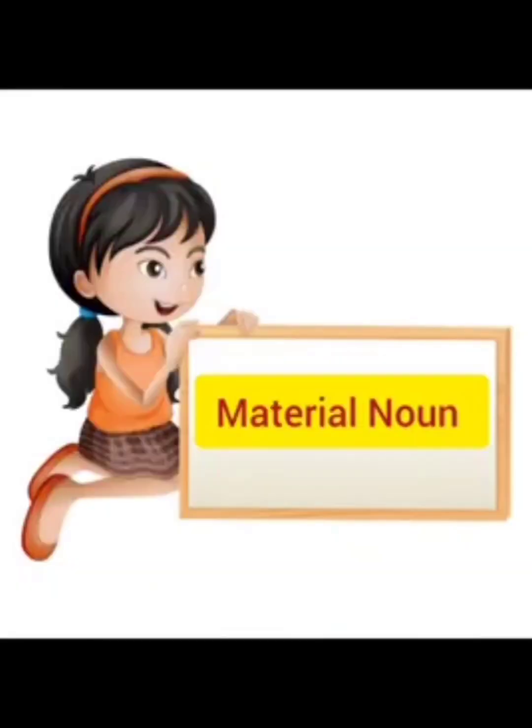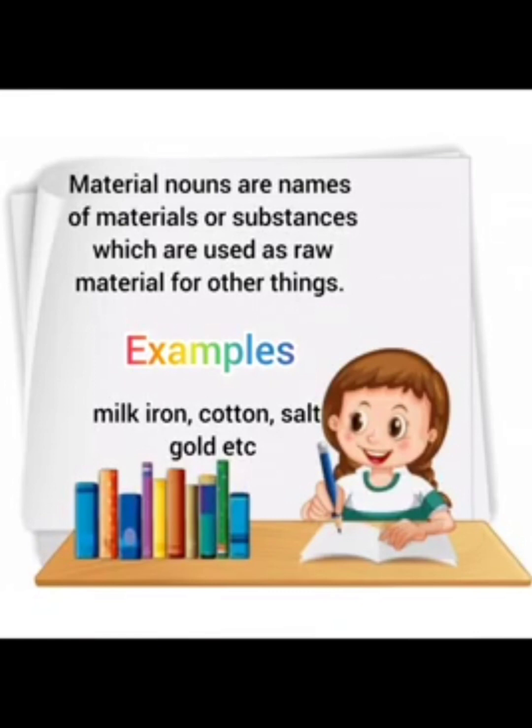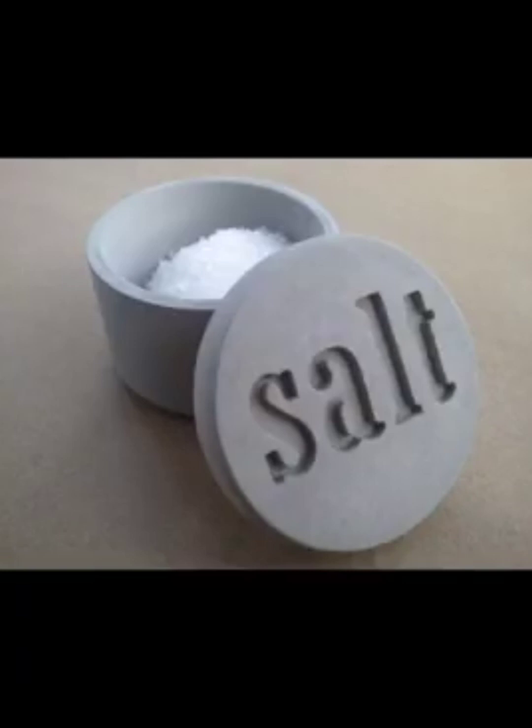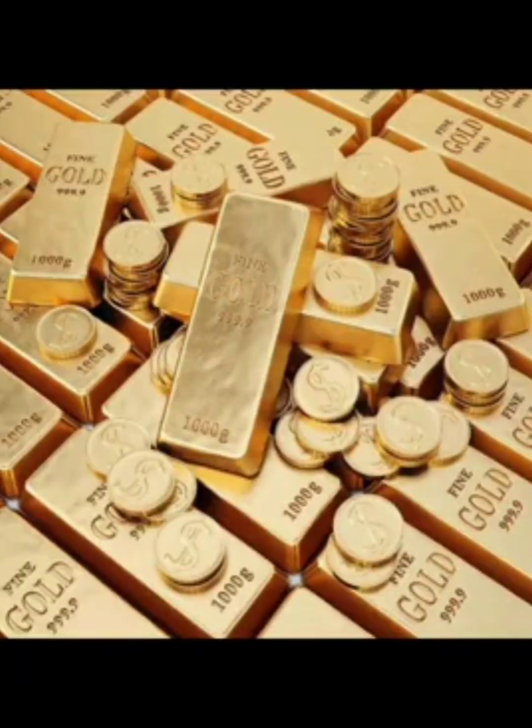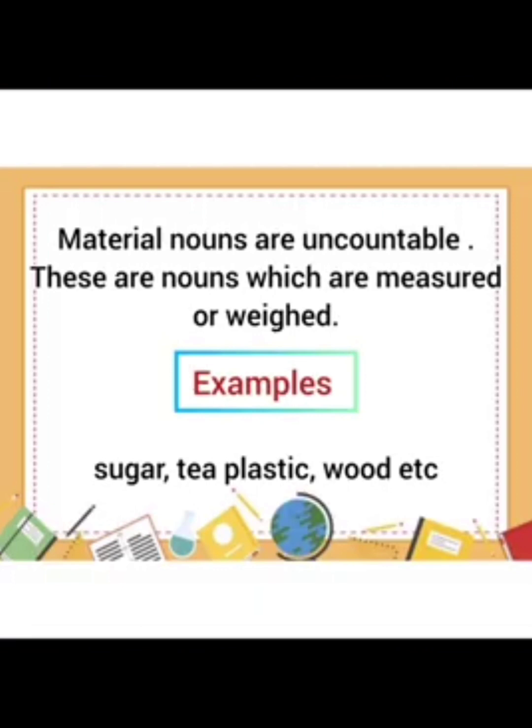And material nouns. Material nouns are the names of materials or substances which are used as raw material for other things. For example, milk, iron, cotton, salt, gold, etc. Material nouns are uncountable. These are nouns which are measured or weighed.